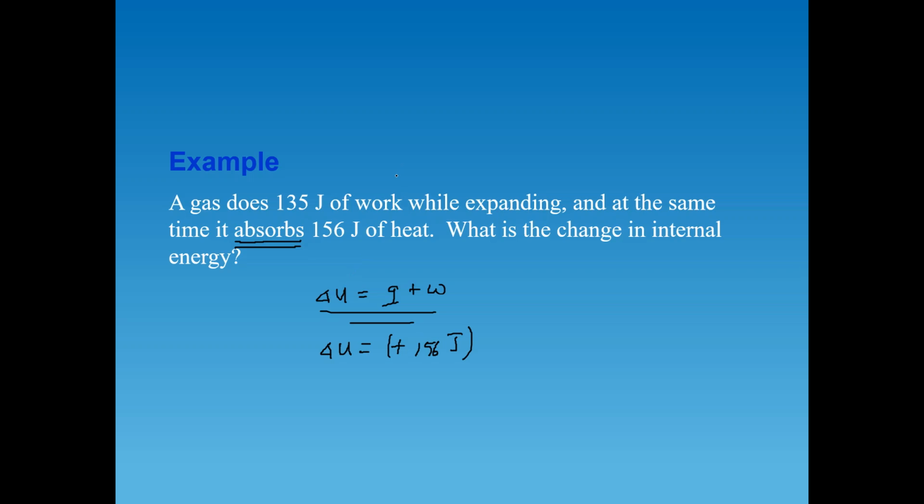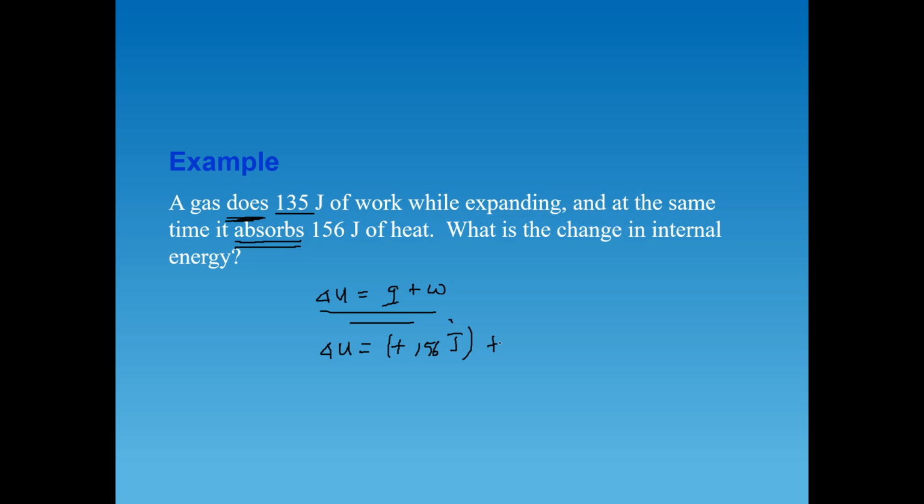Then it says here, to begin with, the gas does 135 joules of work. So what does that mean? Basically, that means that the gas is doing work against the surroundings, which means that according to the sign convention, work is negative.